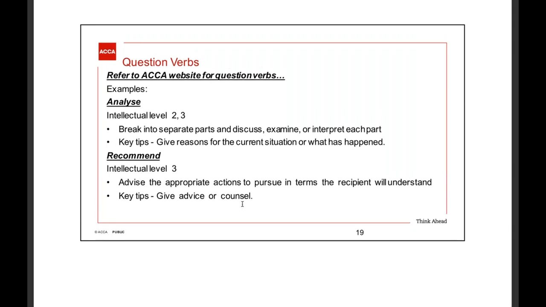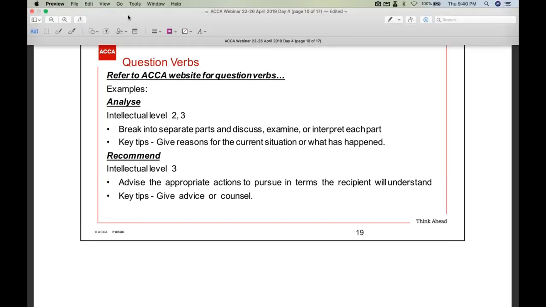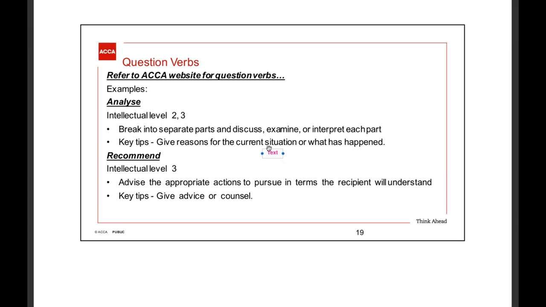Okay, if you notice that there's an intellectual level of 2 and 3 that is actually being put here by ACCA. So what is that actually?